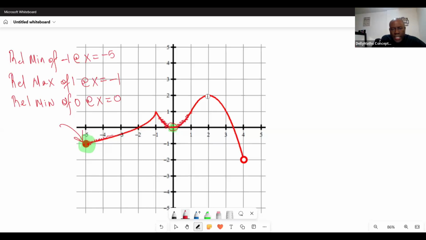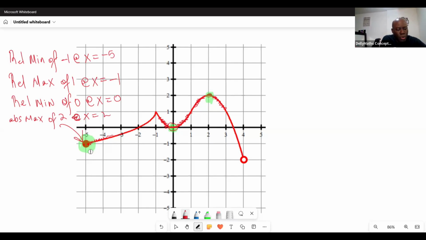Now, this is an absolute max. We have an absolute maximum right there. We step to the left, the values are lower than it. We step to the right, it's lower than it. And it is the tallest point on this graph. So I have an absolute max of +2, and it occurs at x equal to 2 as well.